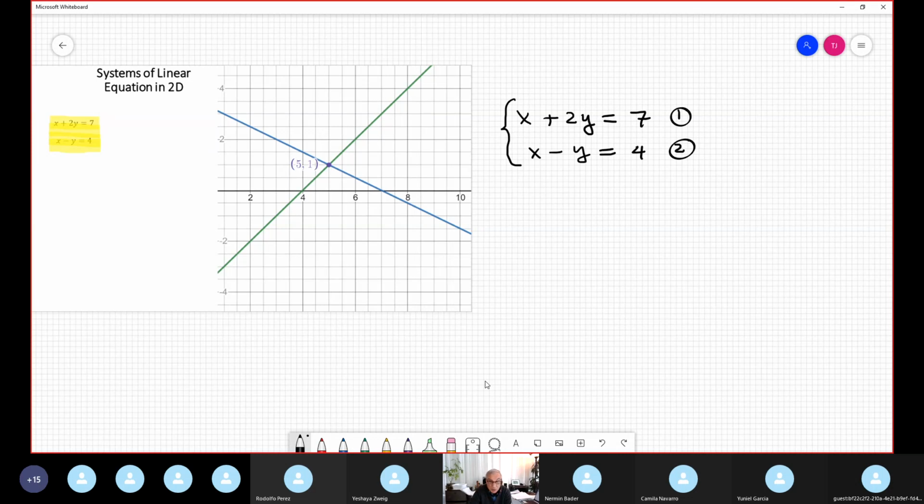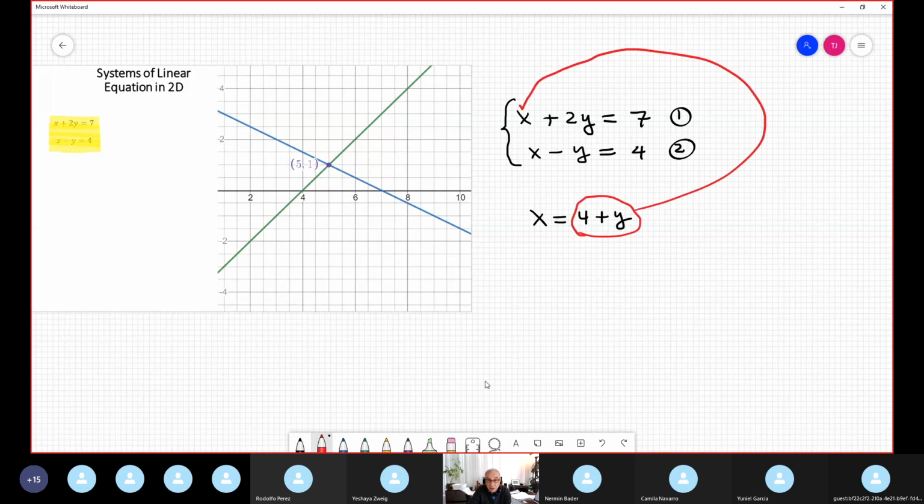So you take equation 2, the easier equation, you make a decision, and solve for one variable. I solve for x, and you substitute this expression in the other equation, in the x place.